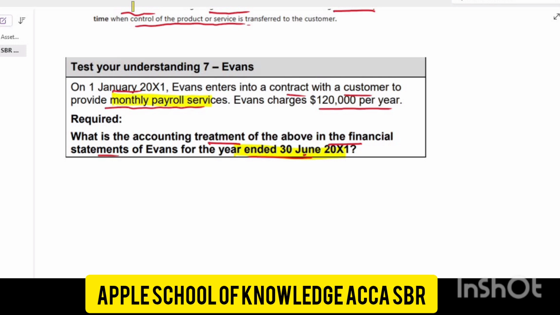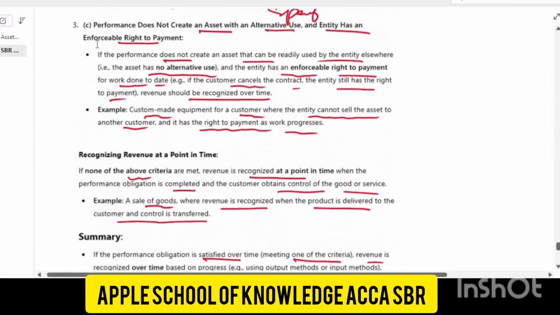Why? Because the payroll service is a single performance obligation and that is satisfied continuously. This satisfies one of the criteria for recognizing revenue over time, as the customer simultaneously receives and consumes the benefit, as we have already studied.